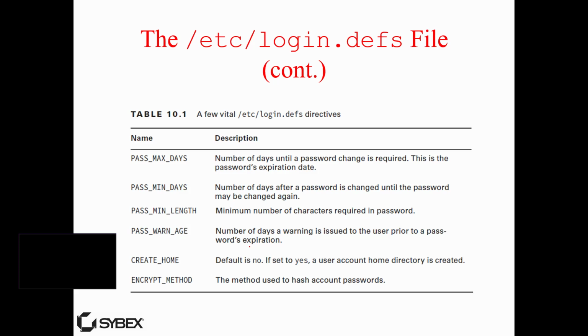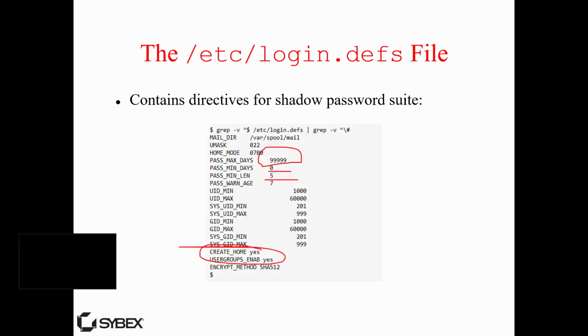Sometimes it's convenient. If you create a new user, you want the home directory to be created automatically. And ENCRYPT_METHOD. So the method to use to hash a password is SHA-512. This is a kind of algorithm to generate hash value of the password.